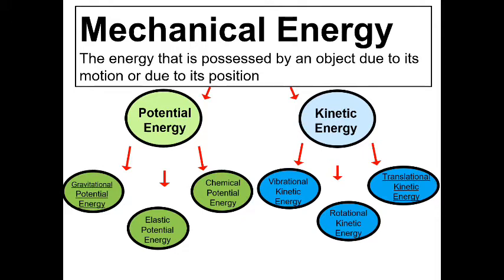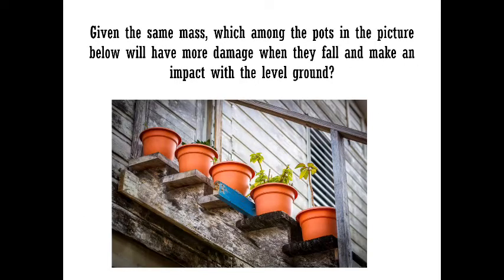This lesson will focus on translational kinetic energy, which we will simply refer to as kinetic energy. Before we define potential and kinetic energy, let's examine some pictures of objects at rest or in motion.